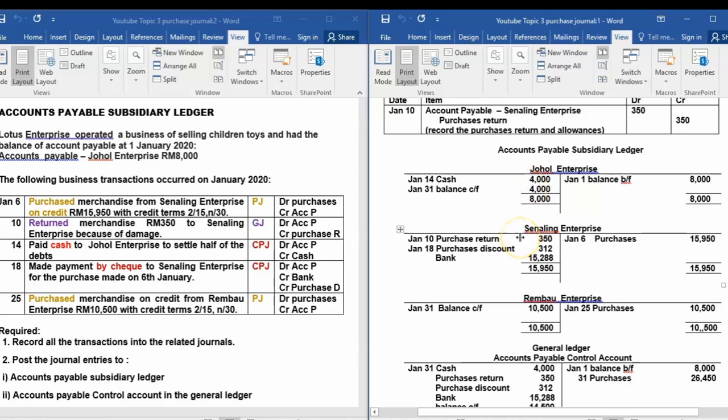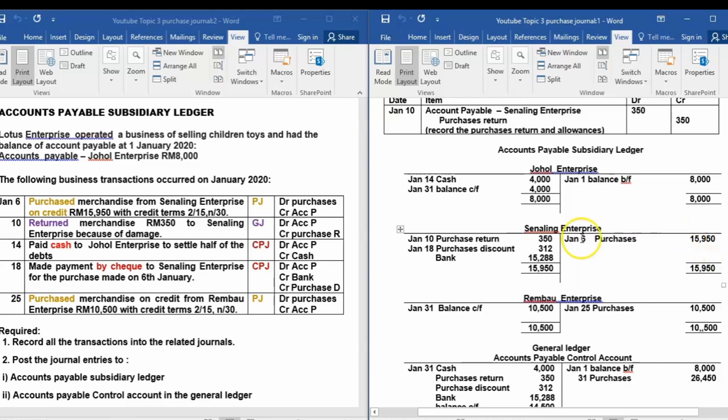The second one, Senali Enterprise. We look at the transactions. The first one, 6th of January, debit purchase, credit account payable. So we record in the account payable under Senali Enterprise, credit side, the amount 15,950.